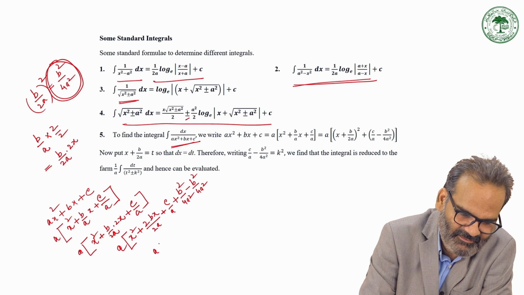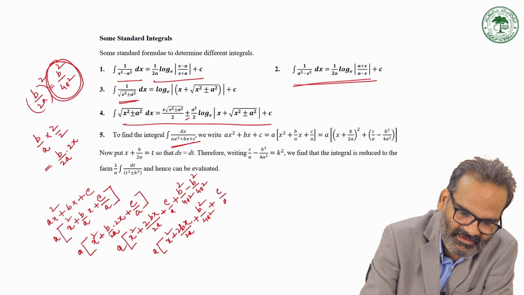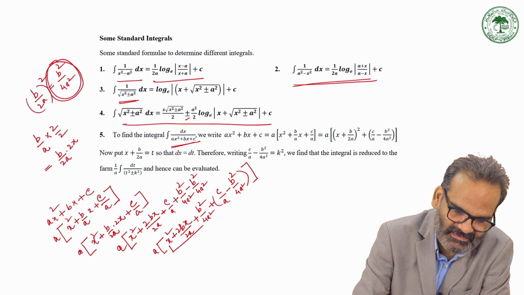So see, a will remain as it is. What we are getting? x² + 2bx/2a + b²/4a², this, plus c/a − b²/4a², this, right? So this is what?